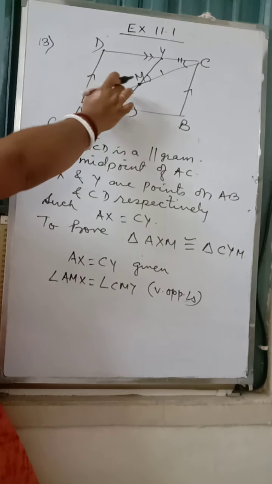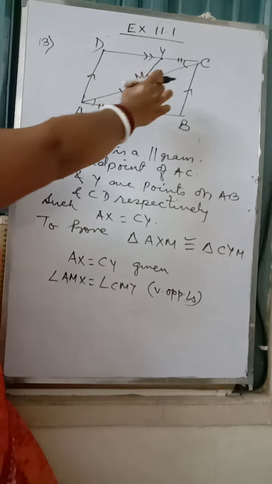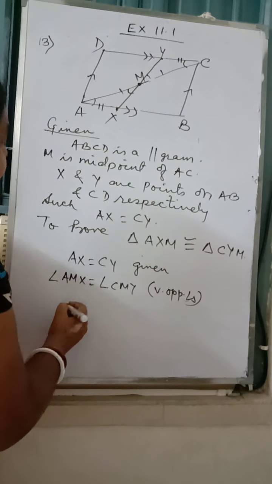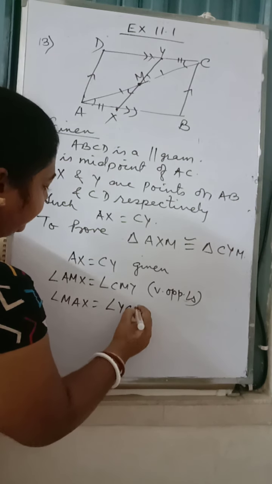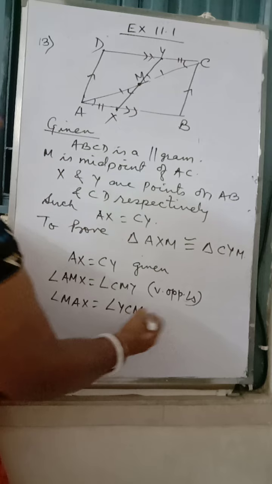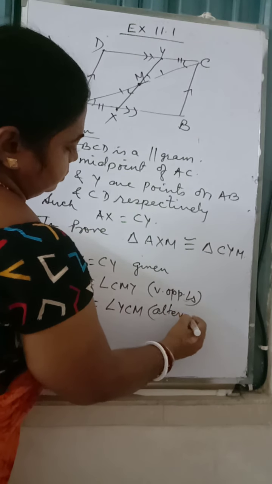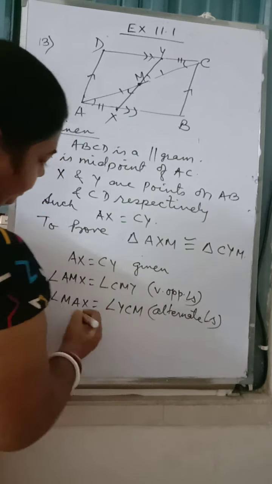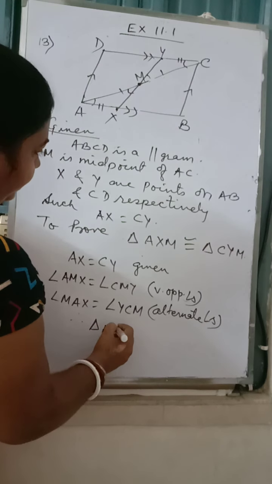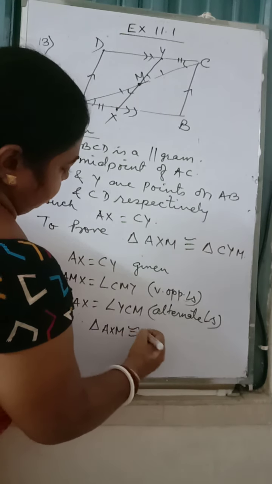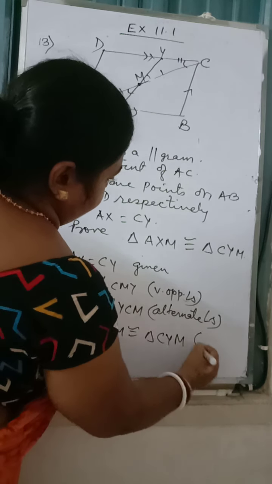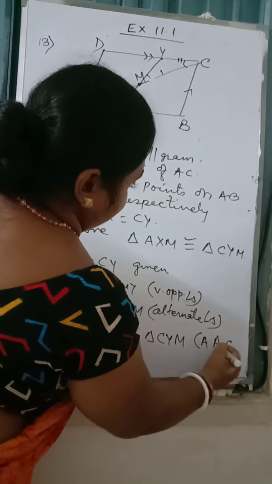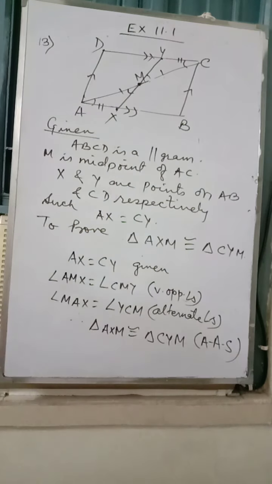So angle, angle, side. We can write angle MAX is equal to angle YCM, alternate angles. So triangle AXM is congruent to triangle CYM, AAS condition.